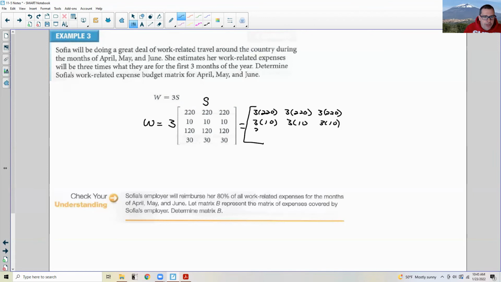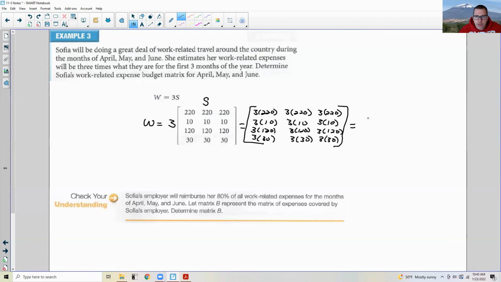And this one's 3 times 120, and so on across. The bottom row is 30, so it's 3 times 30, 3 times 30, and finally 3 times 30. Okay, it's more work writing it out than it is actually getting the solution.